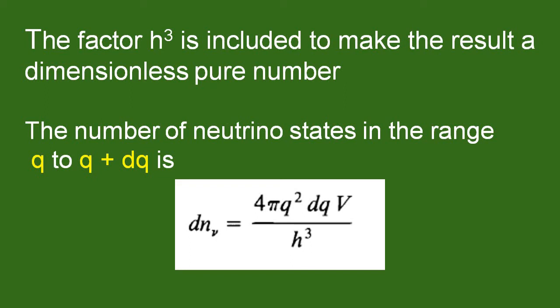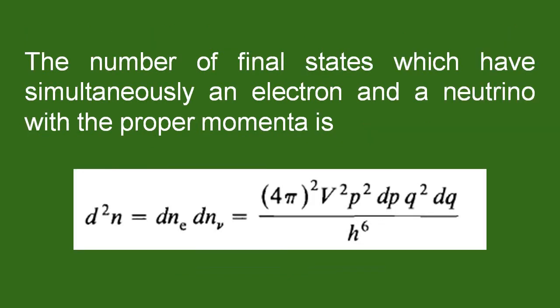And similarly, the number of neutrino states in the range q to q plus dq you can write as, where dnu is the number. Last we have for electron we have written as dne. Here it is dnu equal to 4 pi q square dq V by h cube.